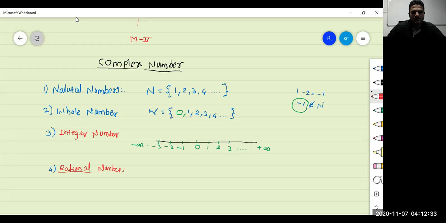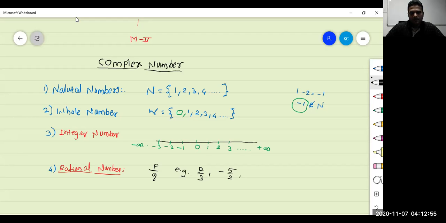Example, 2 by 3, which is not an integer, or minus 5 by 2. In this way.